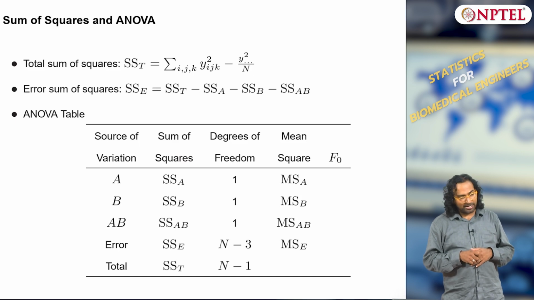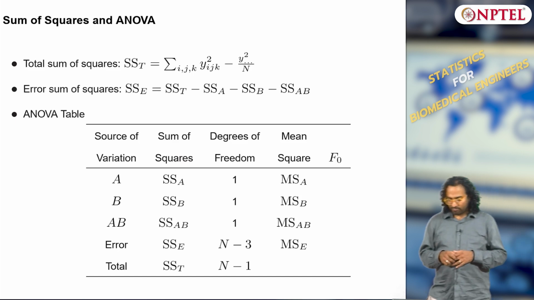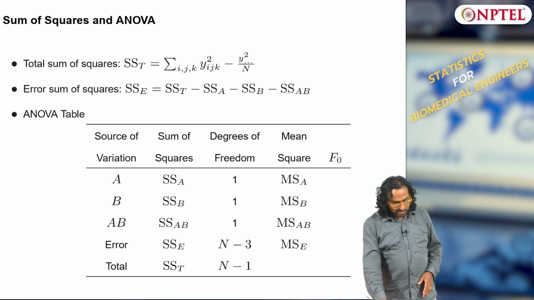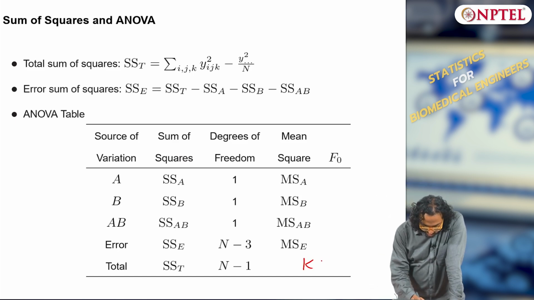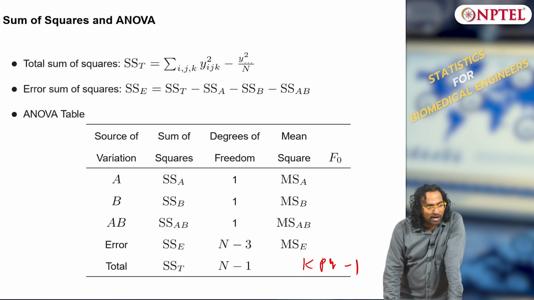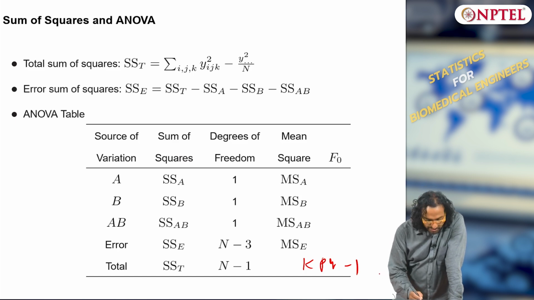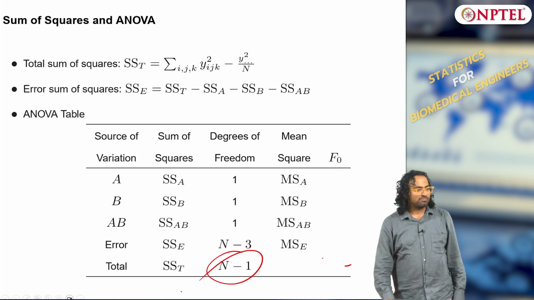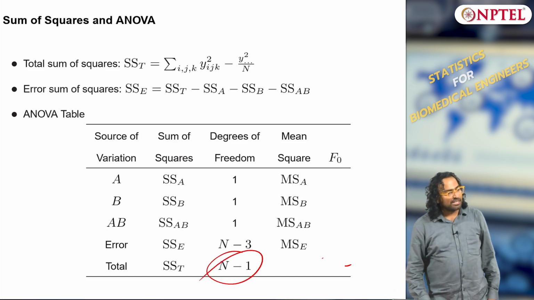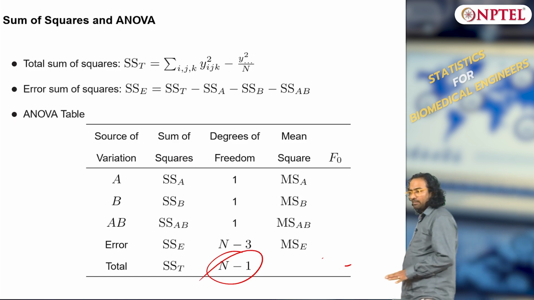Ideally it should be k p q minus 1. If you remember 2-way ANOVA, that was mpq minus m, where m is the replications. So the total is n minus 1, and the error degrees of freedom is n minus 3.